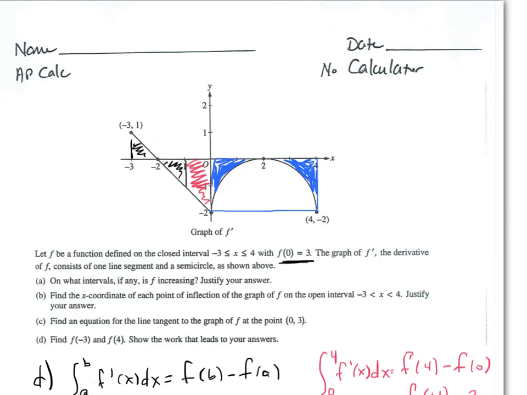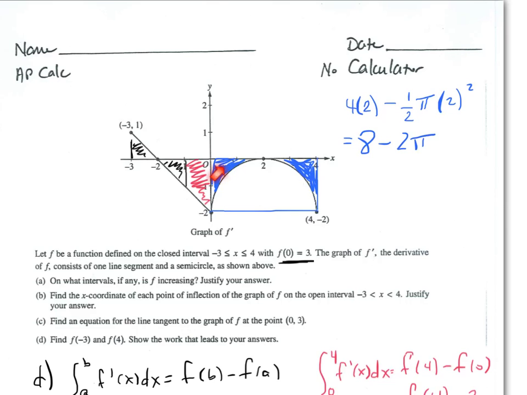So the area of the rectangle would be 4 times 2, but then we have to subtract the area of the semicircle. So that would be 1/2 the area of a circle, or 1/2 pi r squared, and the radius is 2. So what do we get? 8 minus, that's 4, half of 4 is 2.